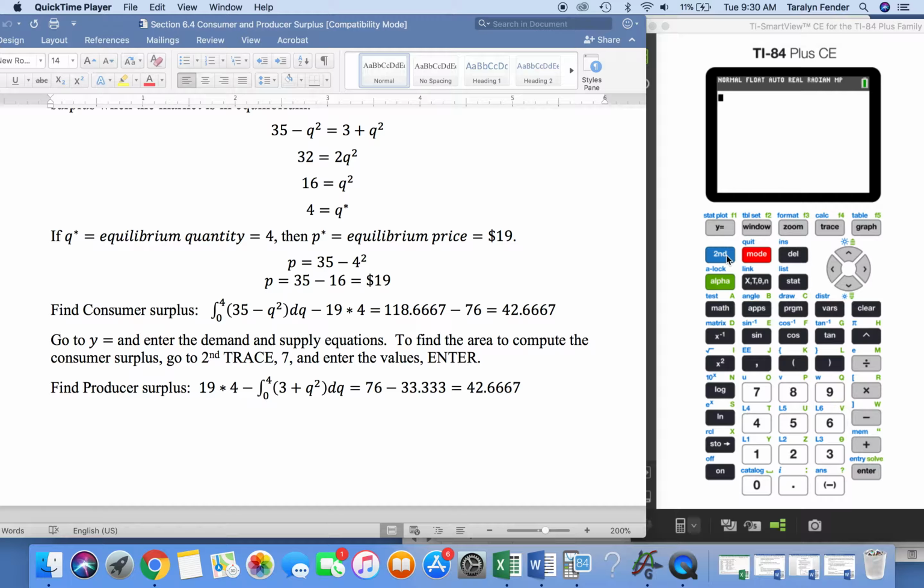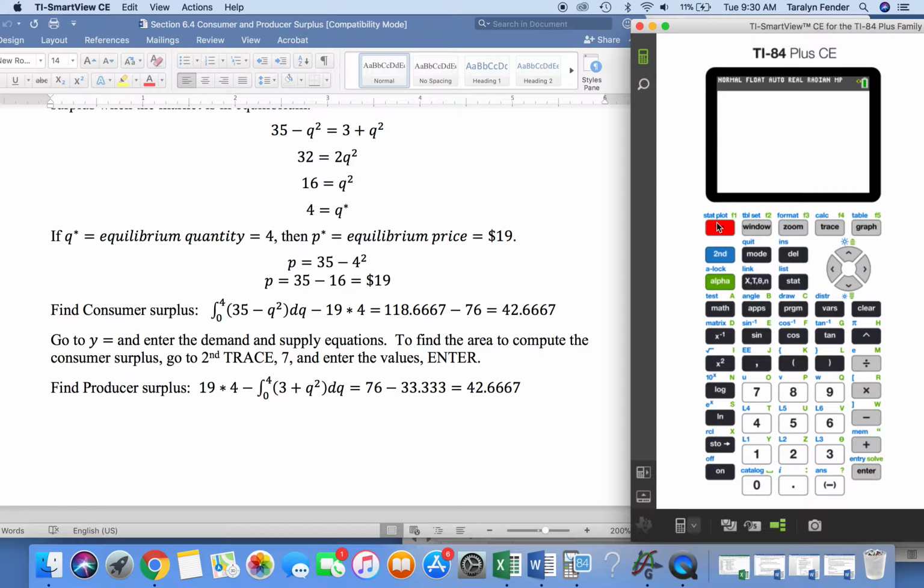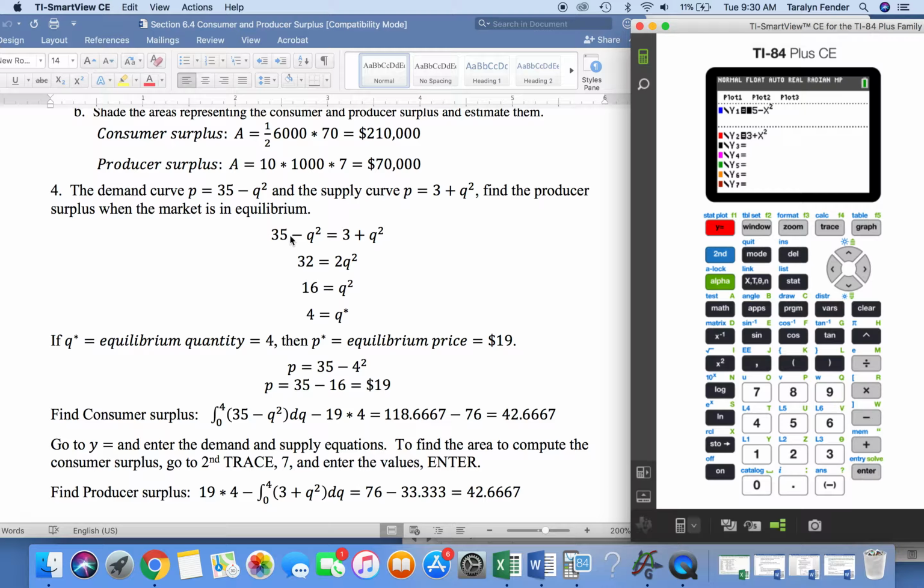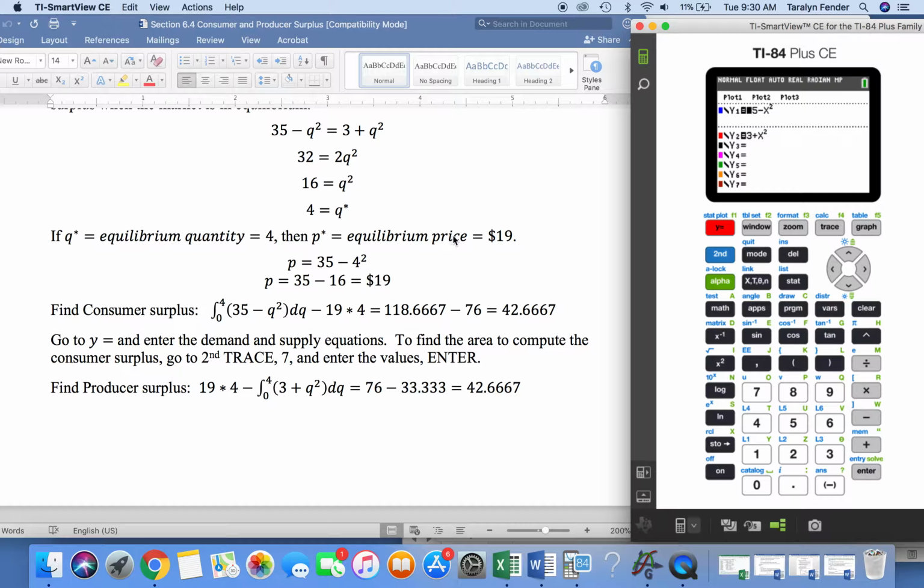So now we go to y equals, and we're going to plug in both of the equations. I have the demand equation and the supply equation entered into y1 and y2. Now I'm going to turn off y2, which you do by hovering over the equal sign and pressing enter, and then we're going to graph y1.